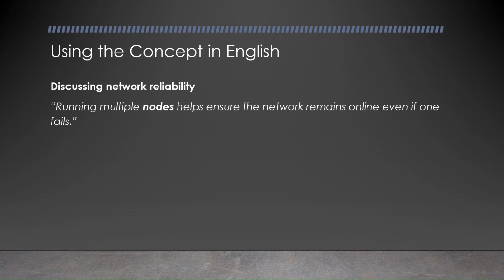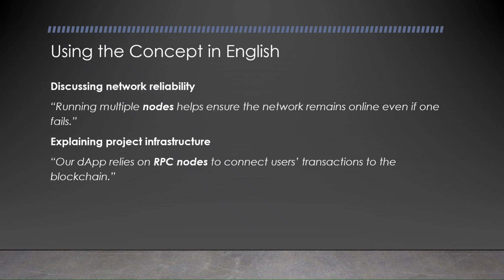So we say what a node or what a noun actually does. We can also use it when we're explaining project infrastructure to our team or making a proposal. We might say our DApp relies on RPC nodes to connect users' transactions to the blockchain.